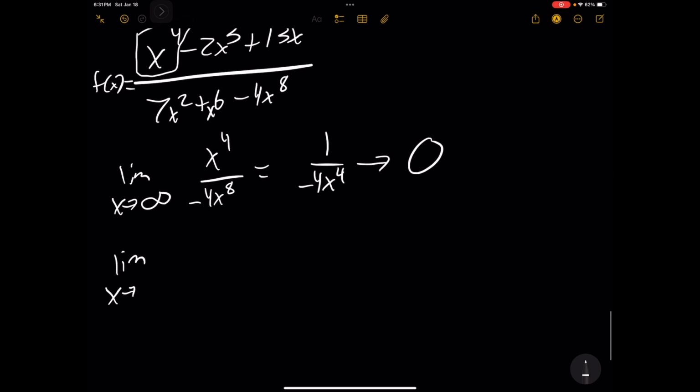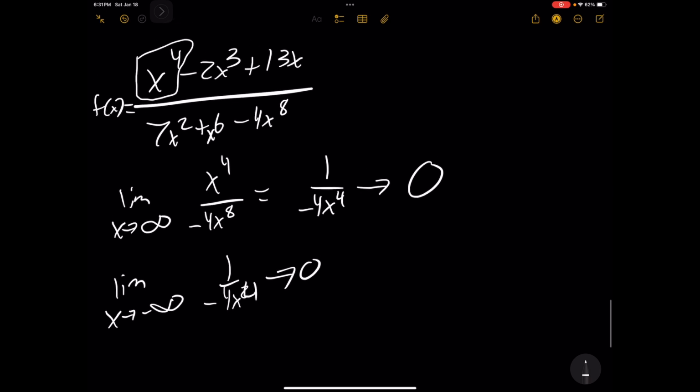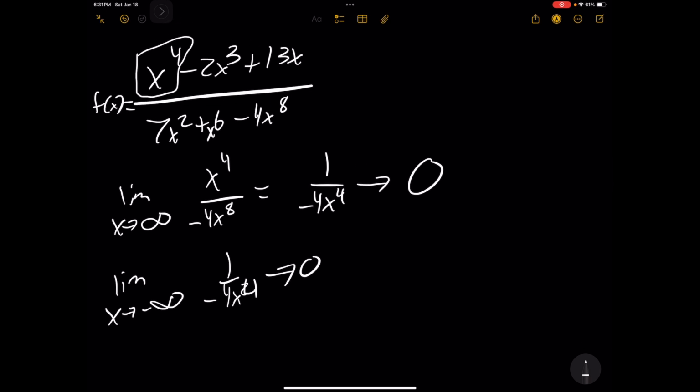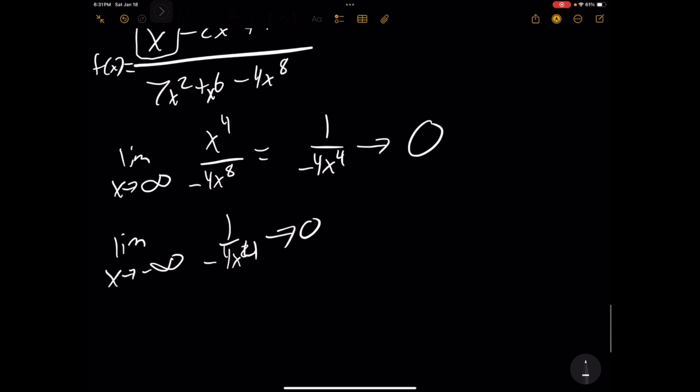Now the limit as x goes to negative infinity, as x gets really big, again, this is also going to tend towards 0. So if our powers don't match up evenly, for example, if we have a higher power in the denominator, we're going to approach 0. What if we had a higher power in the numerator?